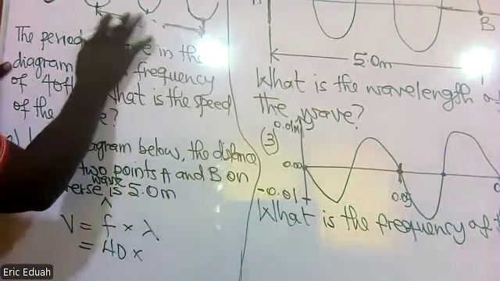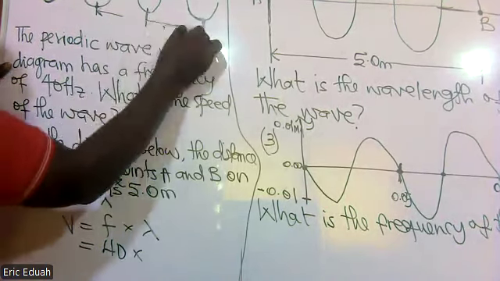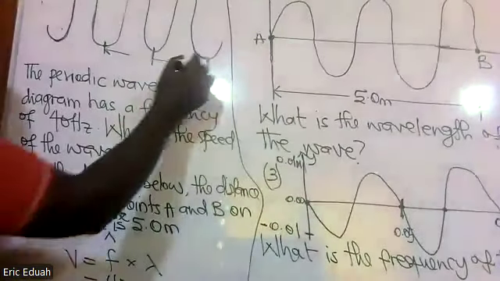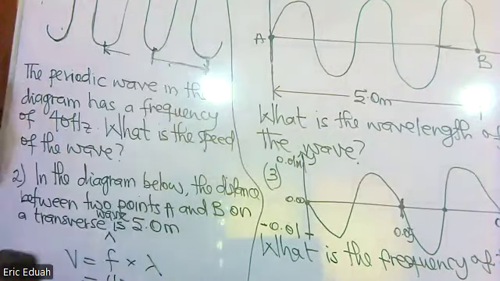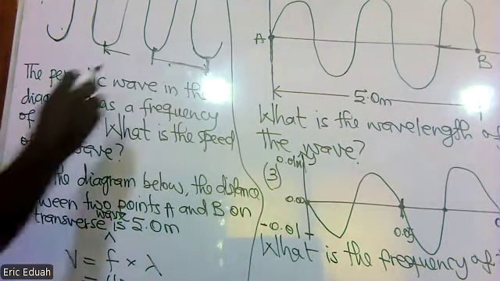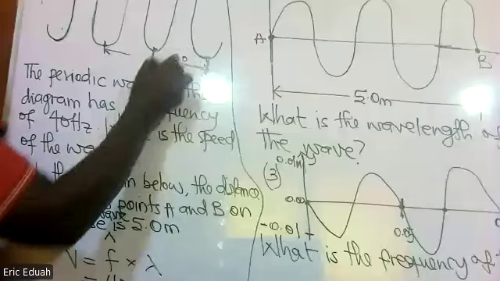If there's a dimension in question, then this is a trough and this is another trough. The wavelength is the distance between successive troughs or successive crests.